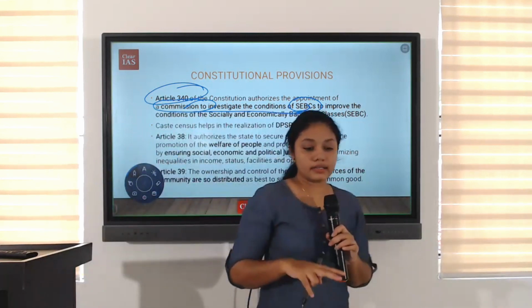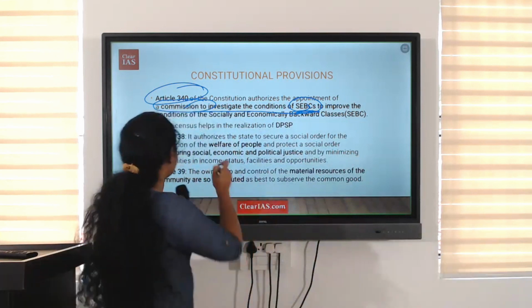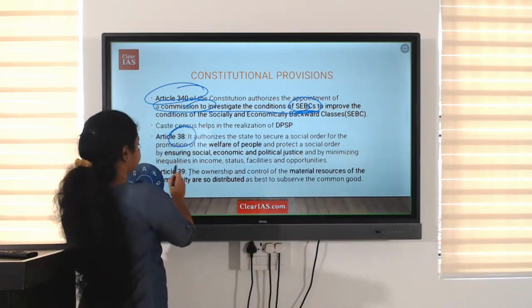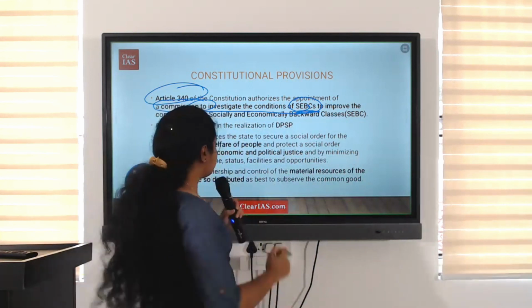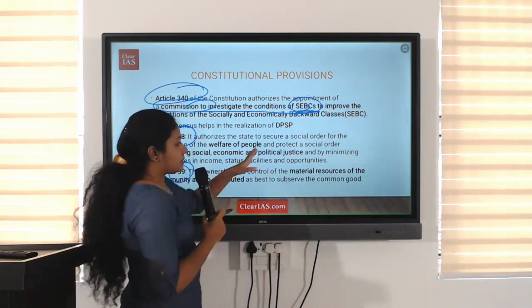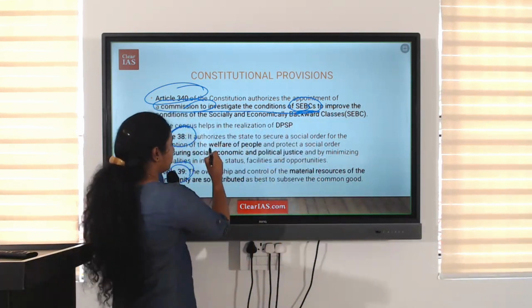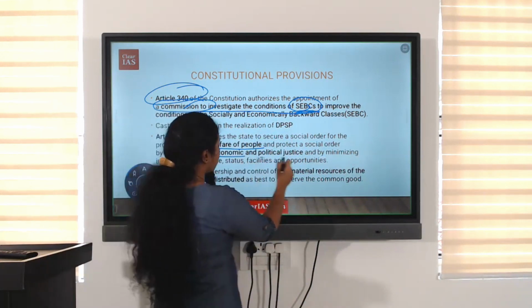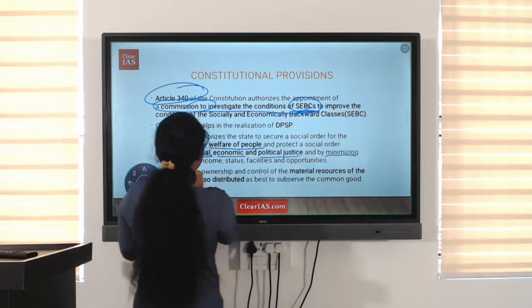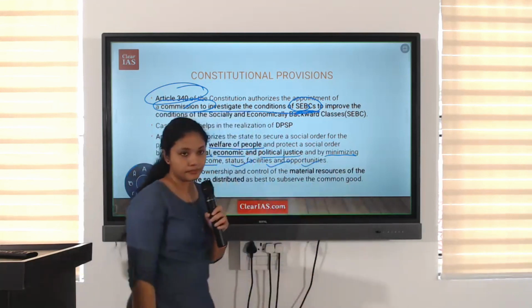Then two articles in the DPSP are also involved in this, Article 38 and 39. Article 38 authorizes the state to secure a social order for promoting the welfare of people and protect a social order by ensuring social, economic, political justice and by minimizing inequalities in income, status, facilities, and opportunities.